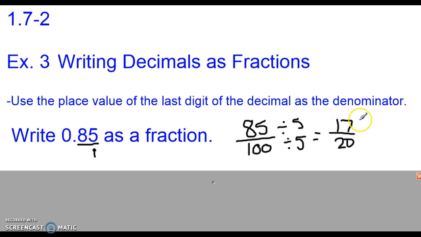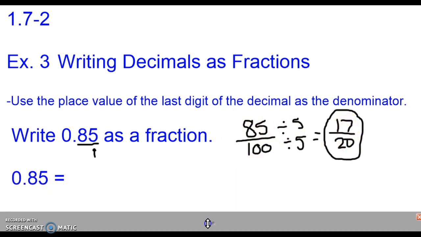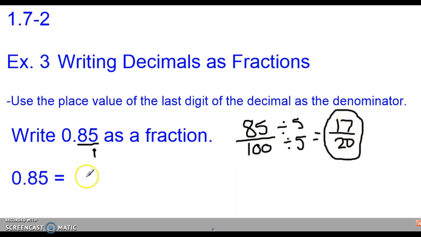Since 17 is prime, I know that there is no other way that I could simplify this fraction. So the decimal 85 hundredths, or 0.85, could be written as 85 over 100, or better yet, 17 over 20. So right here I can say that it is equivalent to 17 over 20.